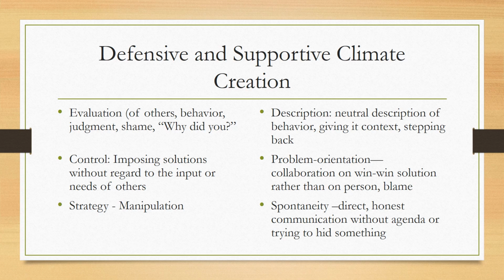Evaluation is the opposite of description. Evaluation would be judging of others' behavior, asking like, why did you do that? Putting a value judgment on people of some sort. Description is describing their behavior, giving it context, stepping back, not putting value judgments on things.